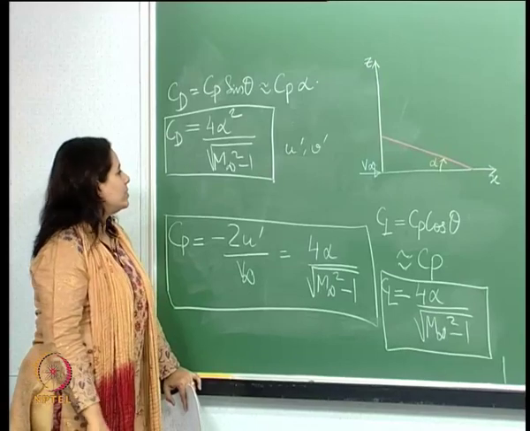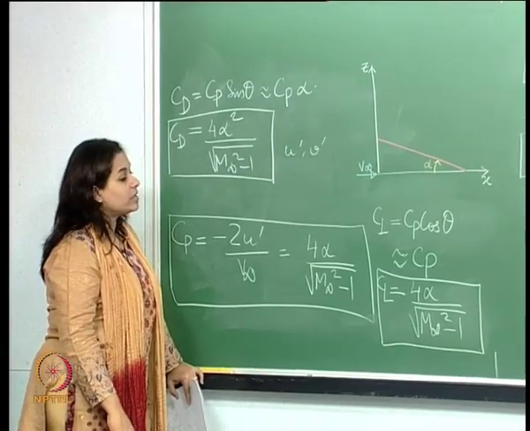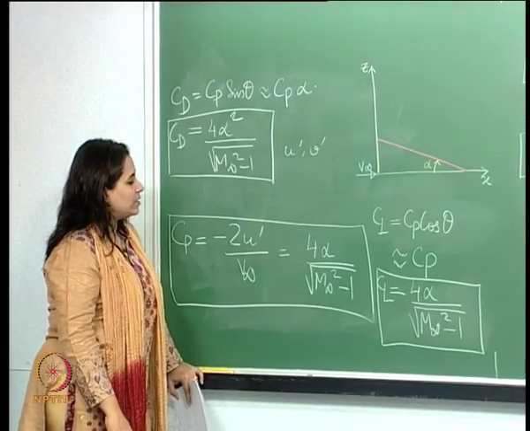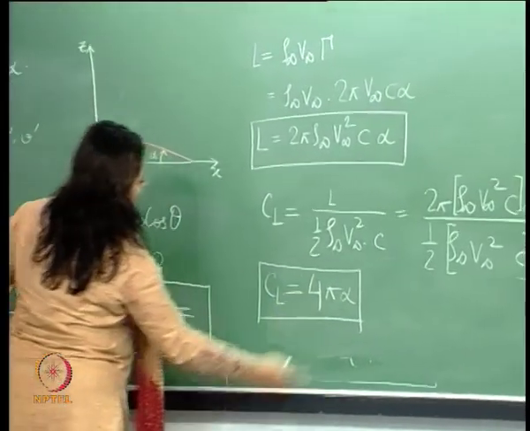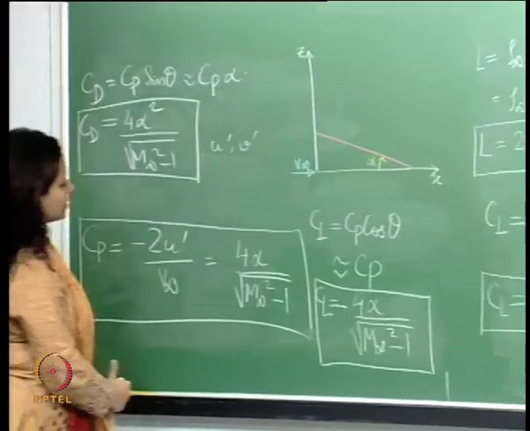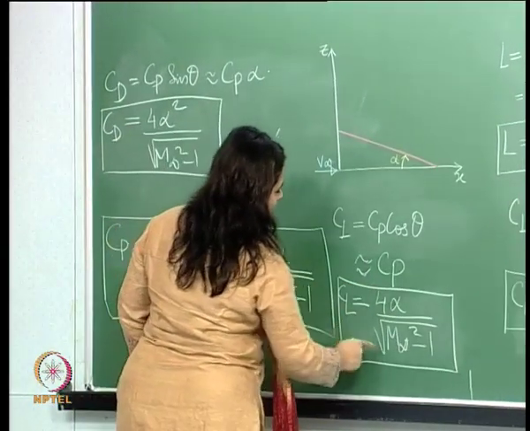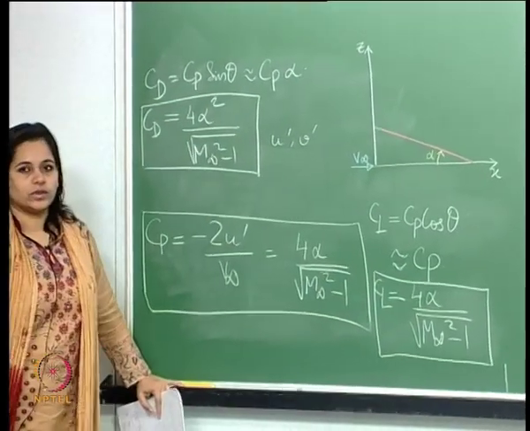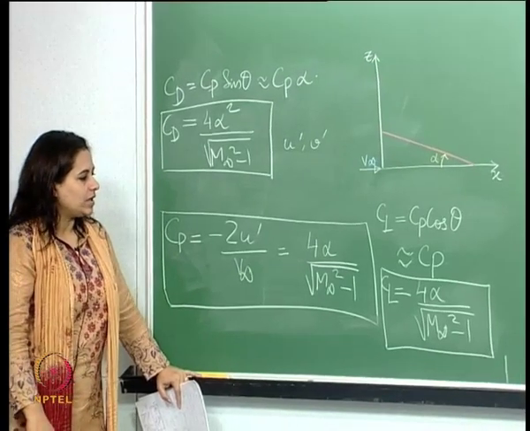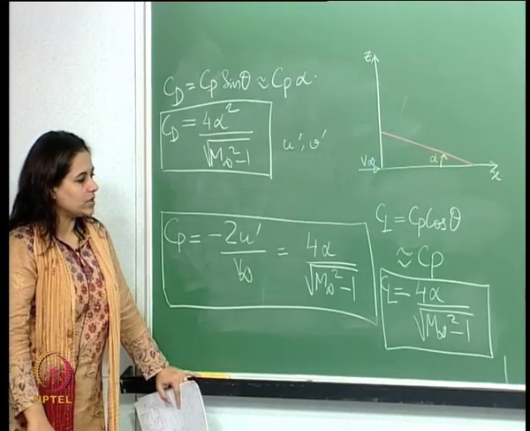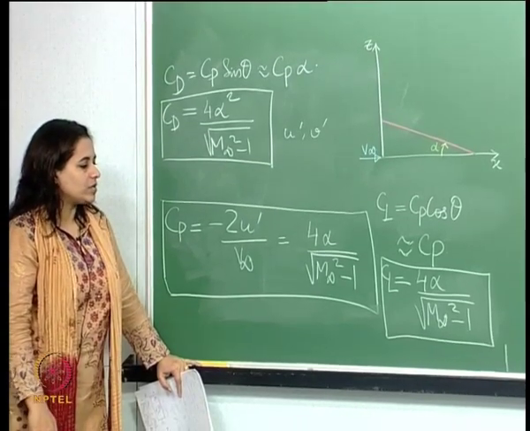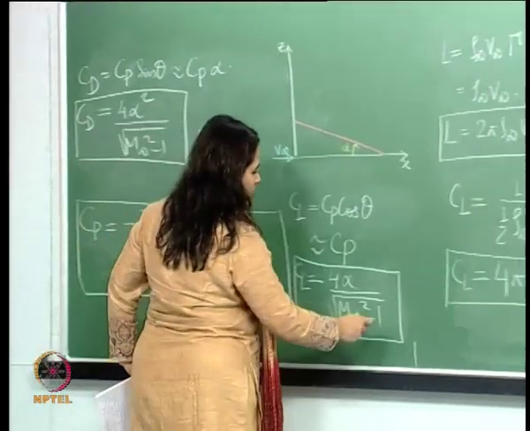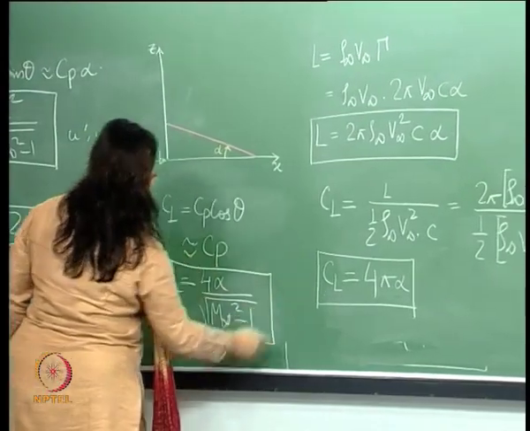For this particular case, you can see the difference. When I use thin airfoil theory, it is this, whereas this one I can use for supersonic flow. So, you can see the correction here. Essentially, the correction would be pi by square root of m infinity square minus 1, if you look at the relationship here.